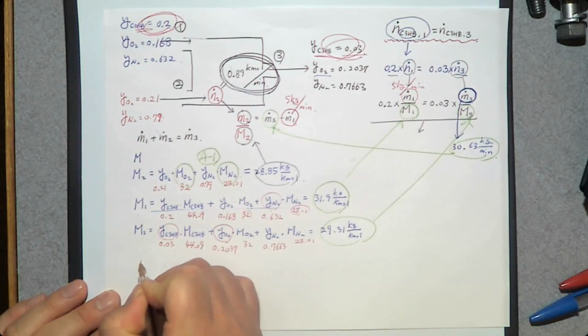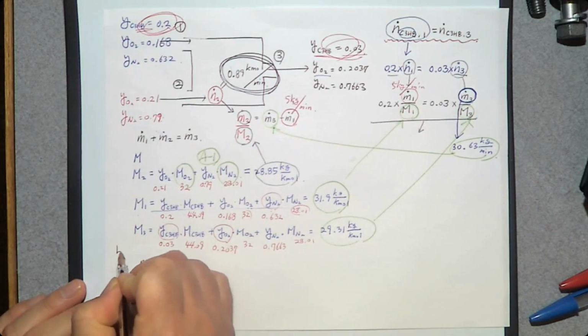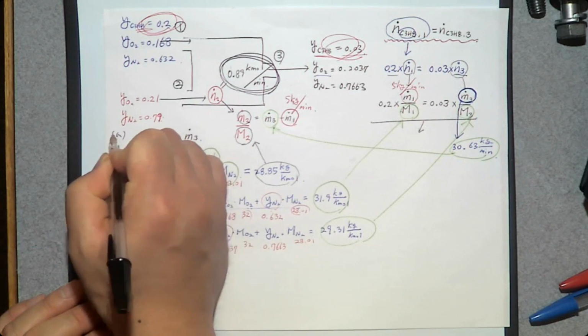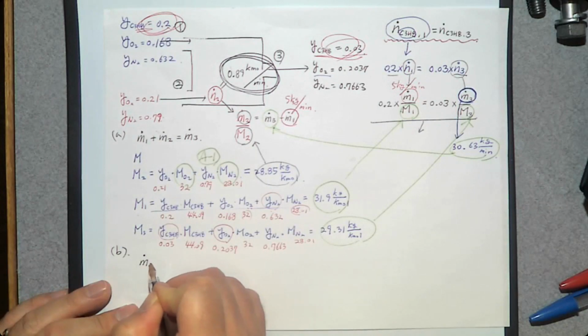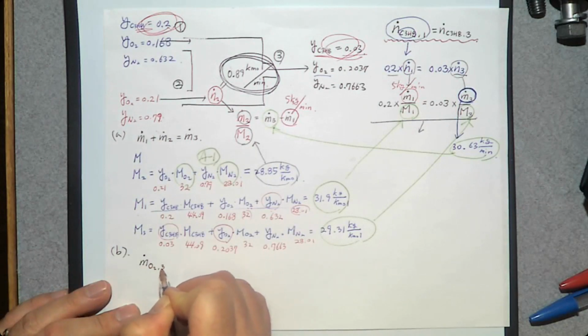So this is part B, and this one was part A. In part B, we want to determine the mass flow rate m dot of oxygen only at the exit stream.